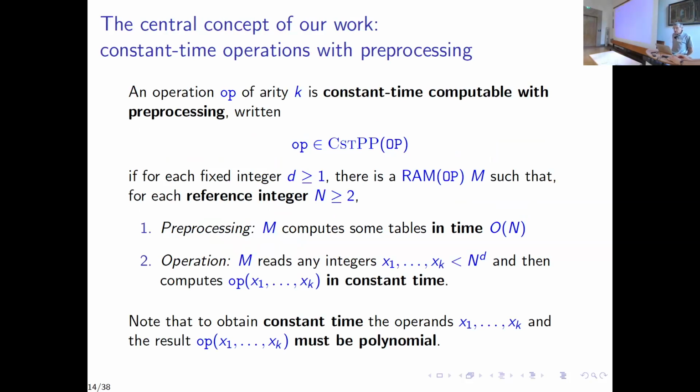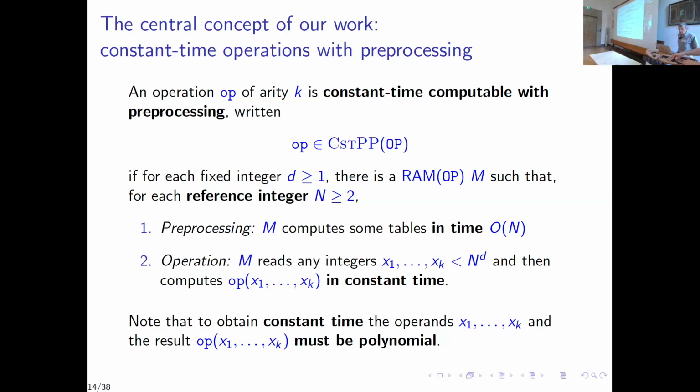Constant time. An operation is constant time computable with preprocessing, with this notation, I use it everywhere in the slides, if for each fixed d, that means a polynomial degree, there is a RAM using the set of operations M, such that for each reference integer n, it precomputes sometimes in linear time, and after reading any integers less than n^d, polynomial in n, it computes the result in constant time.